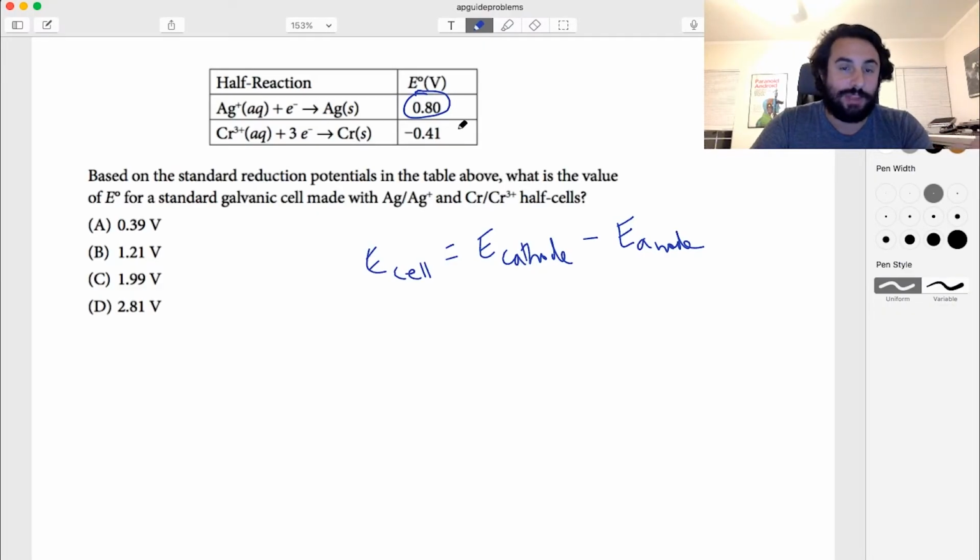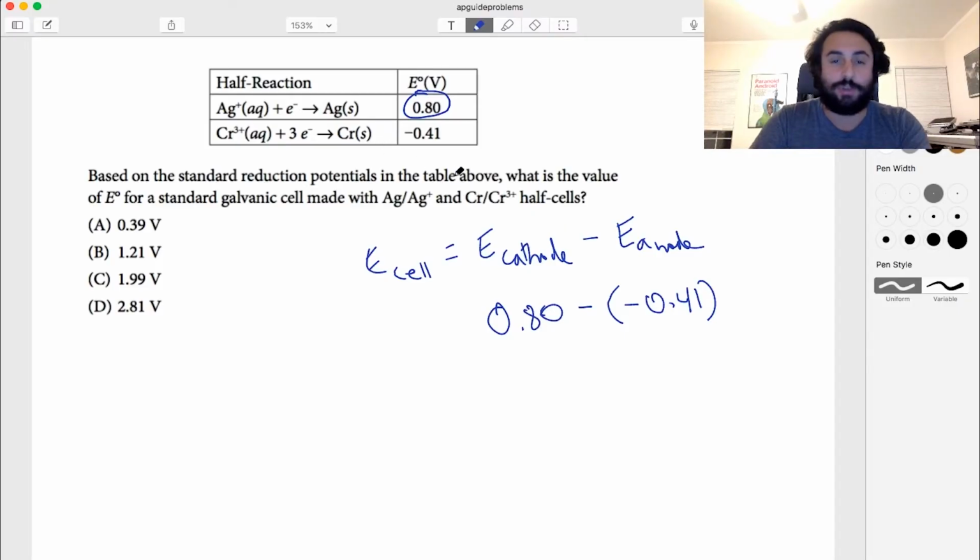That is going to be what occurs at the cathode. And so that means the other one is the anode. And all we do is E cathode minus E anode. That's all it is. You plug it in. All we have to do is identify which one it is. So again, the cathode, the more positive value.